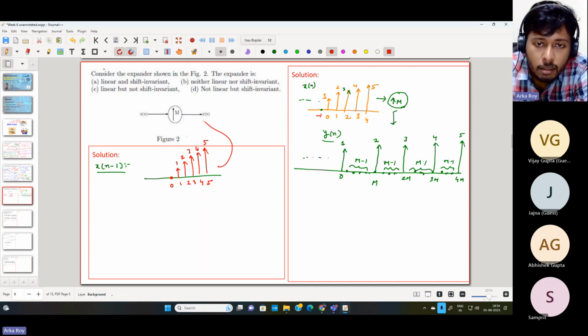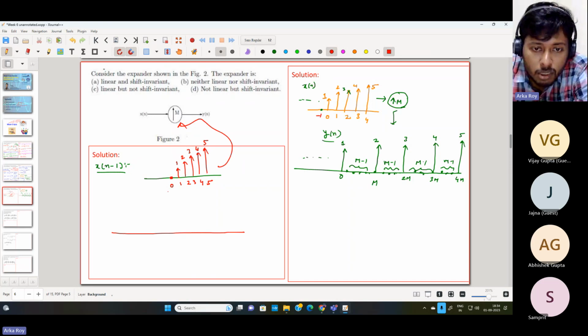Now you provide this to the upsampler, and let us see what the output is for this system. Original samples, let me plot it with the same color. This is the 0th location. At the 0th location, I will get the same value.